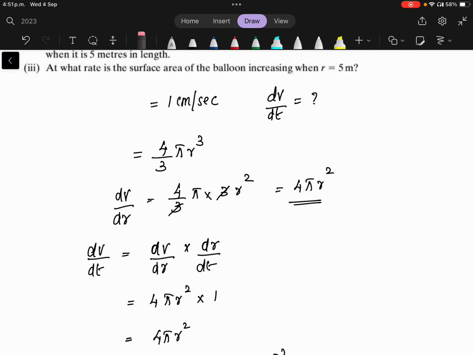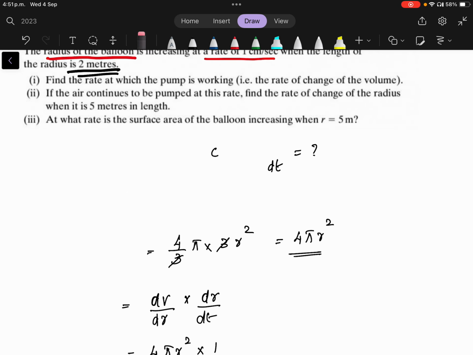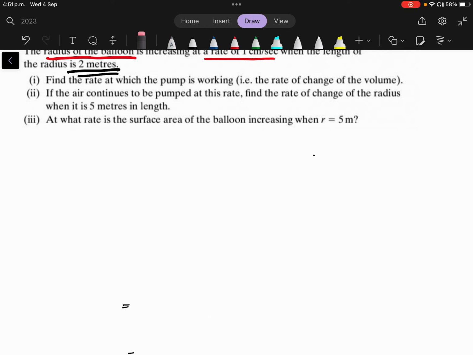Now let's look at the second question. It says, if the air continues to be pumped at this rate, find the rate of change of the radius when it is 5 meters in length. So in this case, where the air continues to be pumped at this rate, you have the dV by dt which we have calculated, in centimeter cube per second.